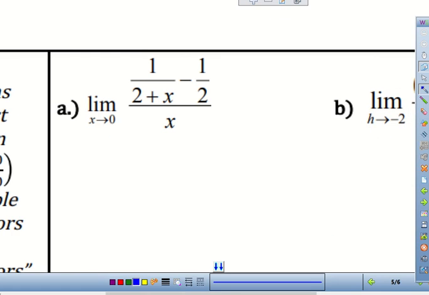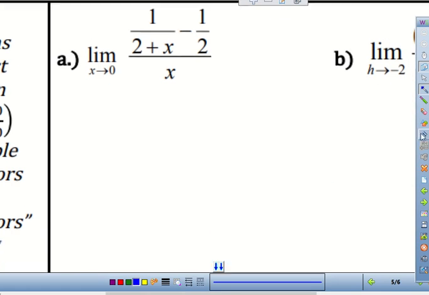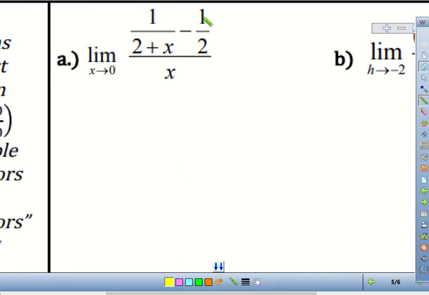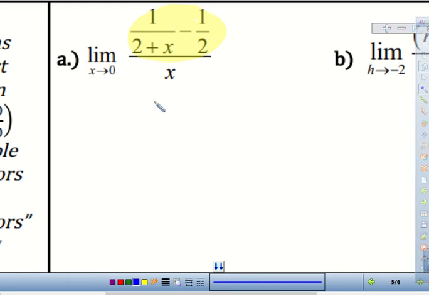And now the last one we're going to do for today is part A. This is a rational function with a double fraction in it. So let's talk about how we would go about doing this. For the top, I'm going to focus on the highlighted part first, just so you're all with me on that. I need to get a common denominator for this. As you can see, both denominators are fully factored.